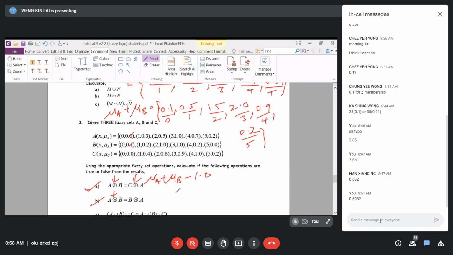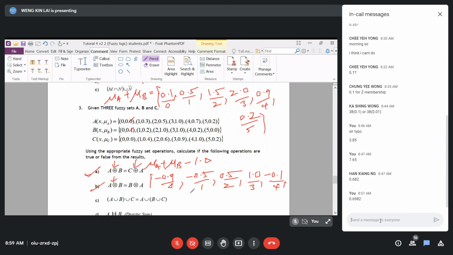So you get your first one will be minus 0.9 over 0, minus 0.5 over 1, 0.5 over 2, 1.0 over 3, the fourth element, and then minus 0.1 over 4. And lastly, minus 0.8 over 5.